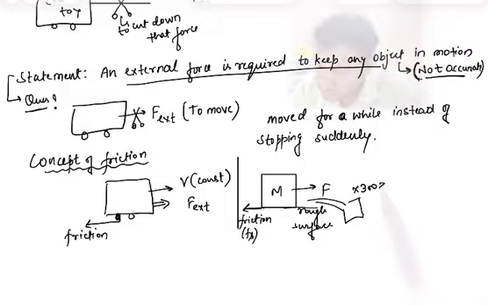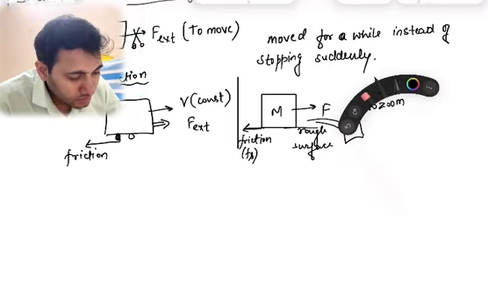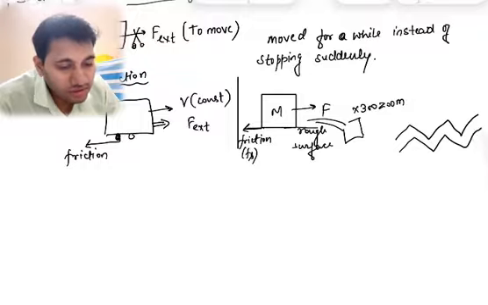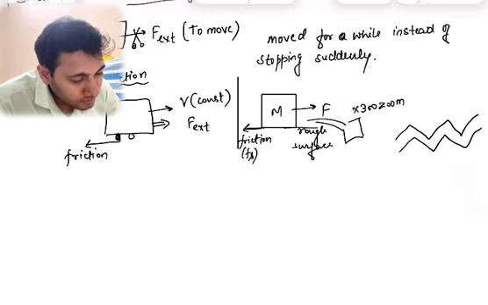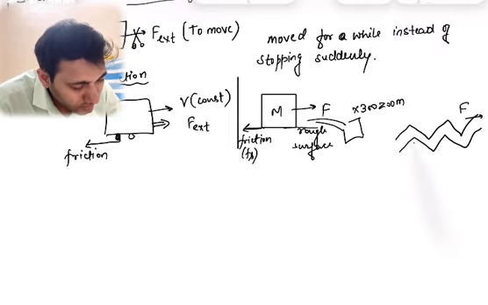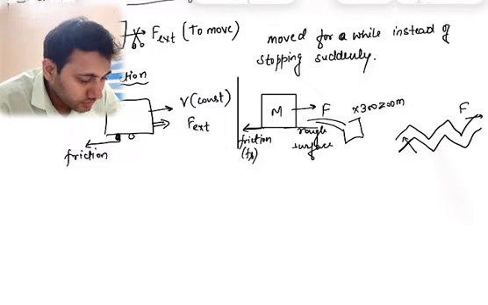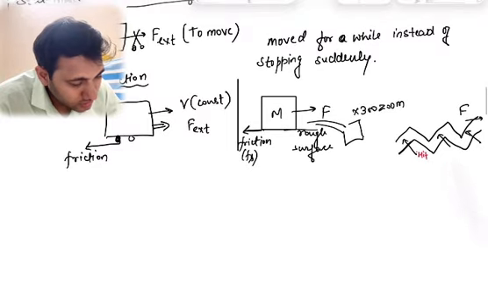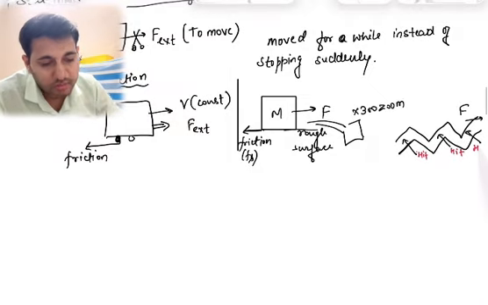If we zoom this in 300 times, what exactly happens is that because the surfaces are rough, they get interlocked with each other, and because we are trying to move the above surface in the forward direction, the below surface hits the above surface, hits, and hits the above surface.